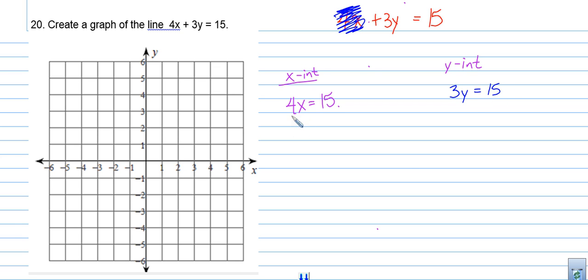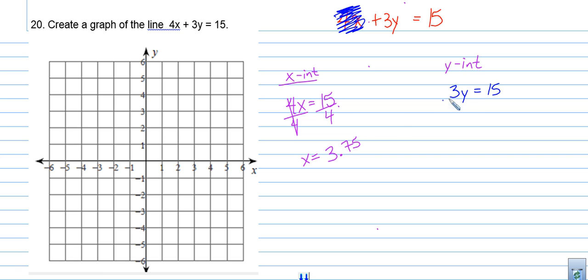And so we'll go through and solve these. Divide by 4, divide by 4. X will equal, and it's probably easier for you to do this in decimal form. So 4 goes into 15 3 times, and then you have 3/4 left over, you get 3.75.